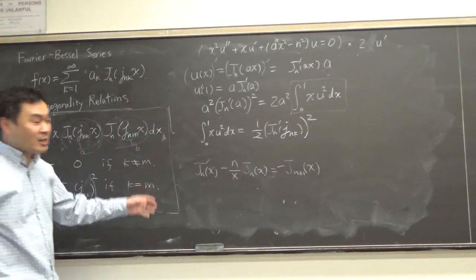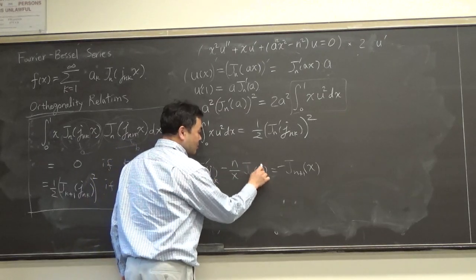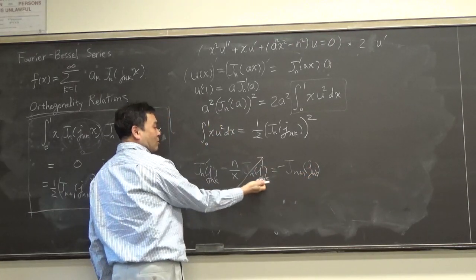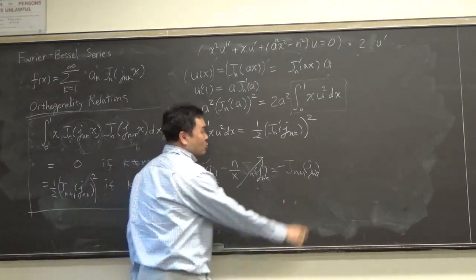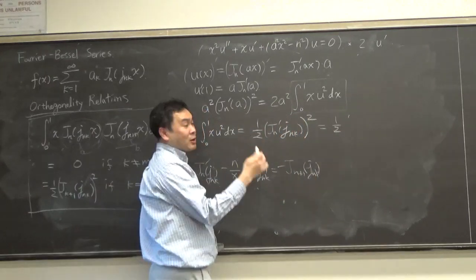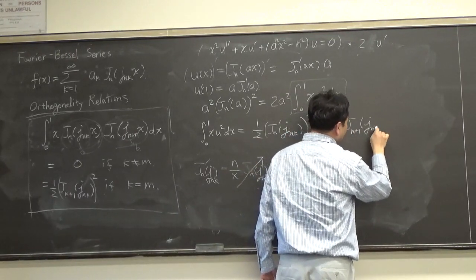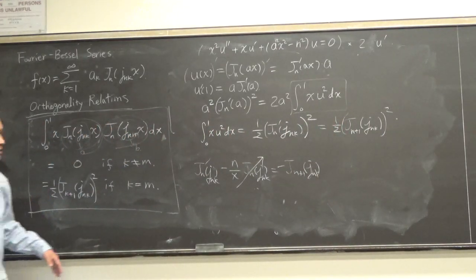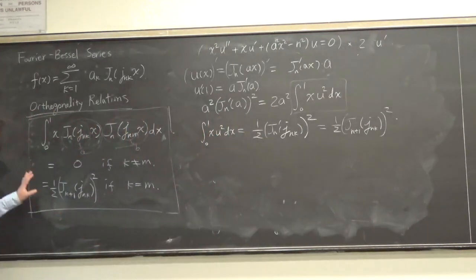So this was one of the identities, and when you plug in the zeros in here, this one, by definition of what j n k is, is gone. So you have this equal to this, and that's going to equal 1/2. Squaring a negative becomes positive, so this is going to be j n plus 1 of j n k, squared. Okay, so that's what we get. All right, so that's the orthogonality relation. So that's the proof.